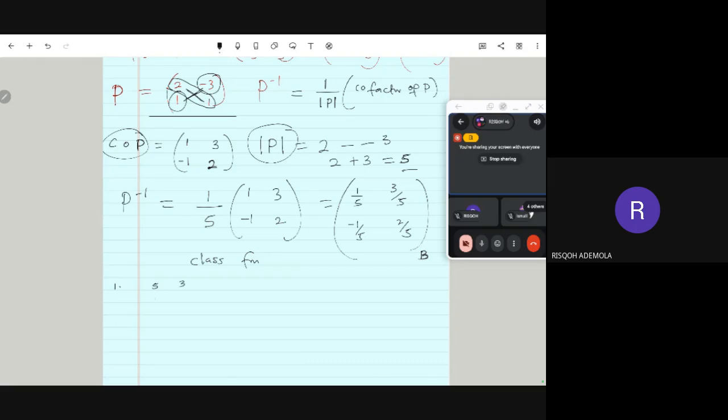5, 3, 6, 4. You just tell me the inverse. All these are JAMB questions, no? So don't think that I'm doing this from my head though. 3, 1, negative 2, 6. Number 3.